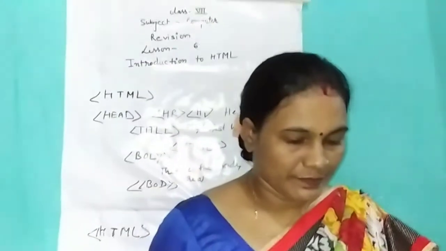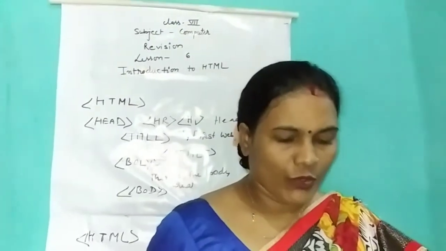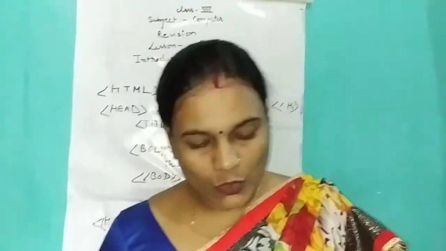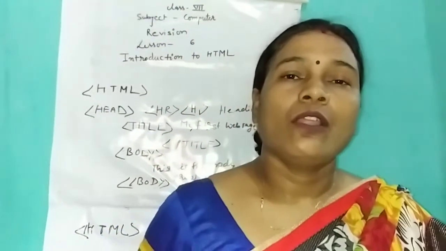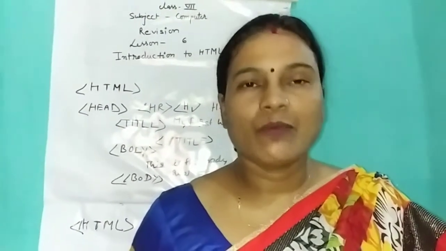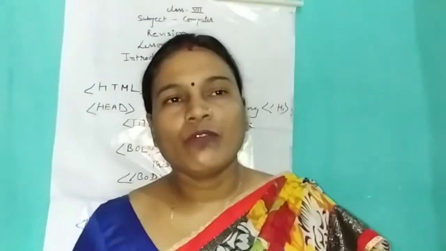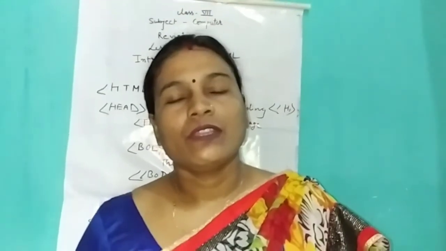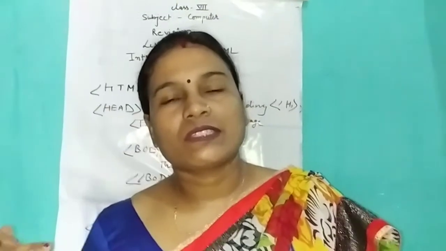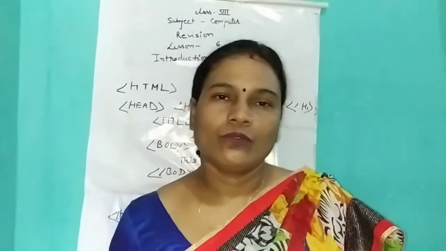Clear? Then comments. What is a comment? Comments are those lines which are non-executable, meaning the compiler ignores these lines. Okay, they are only used to understand whatever line of code you have written. So it describes the line of code. Clear?